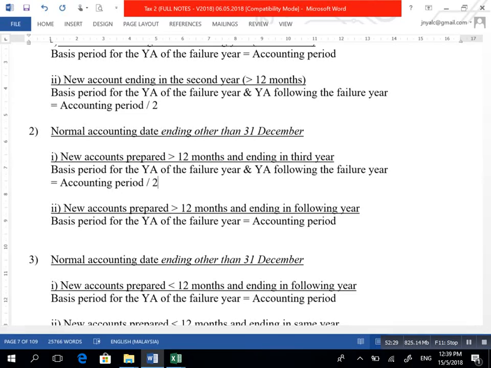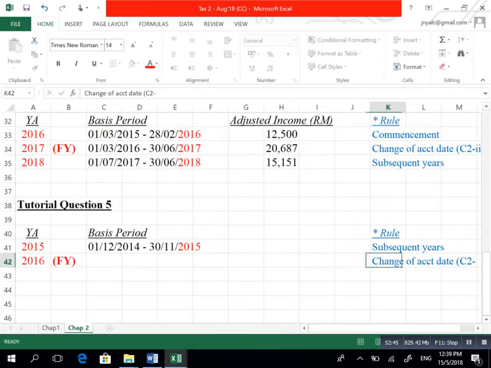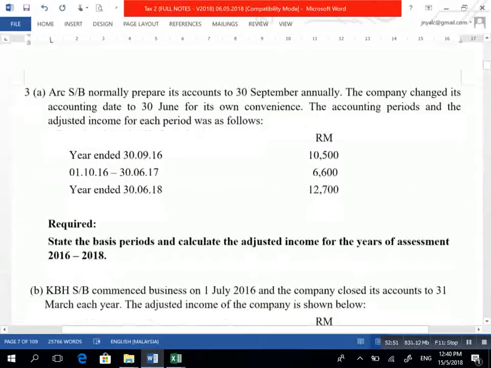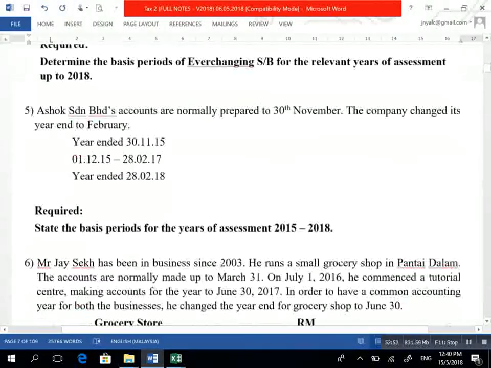Now check your question again. How many months in total for the new account? From December 15 until February 17. How many months? 15 months. Confirm, you cannot calculate wrongly, or else your answer will also be wrong. 15. Okay, divide by 2, you get how much?